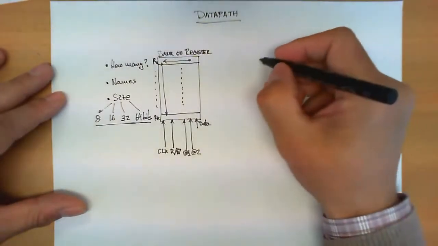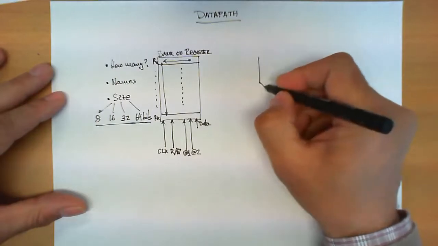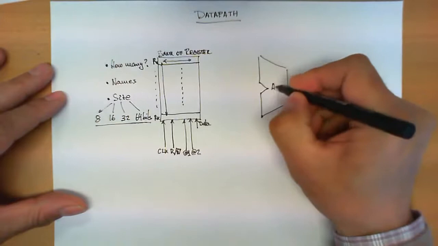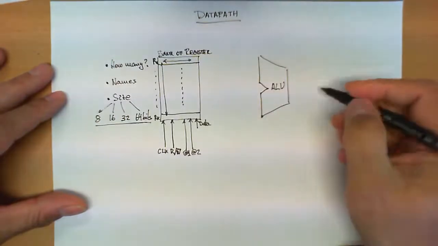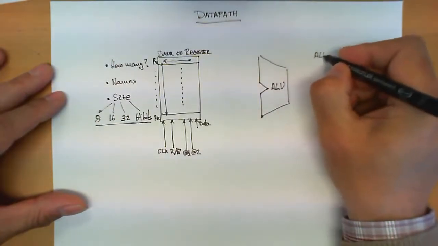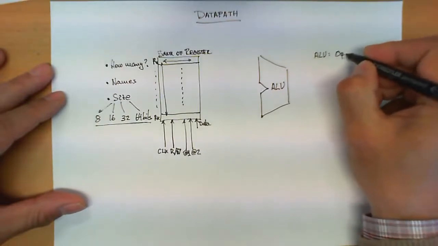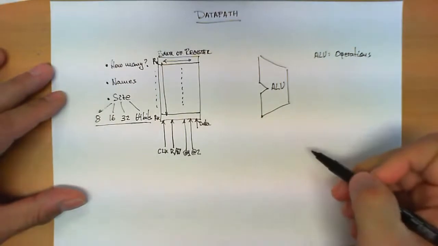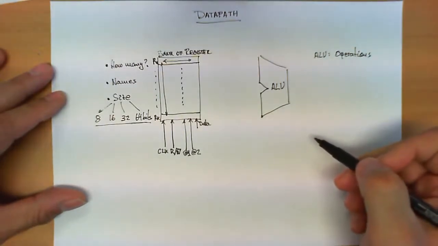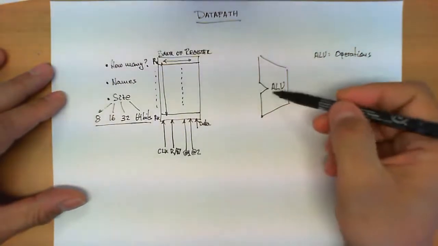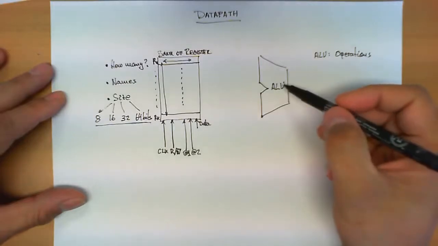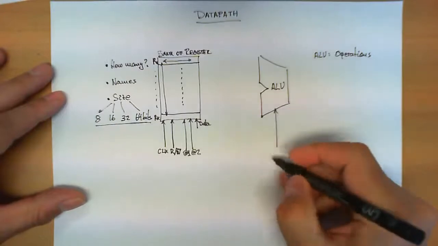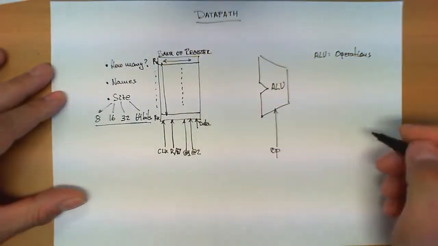The second element that is present in most of the data paths is what we call the ALU, or Arithmetic Logic Unit. ALU is basically in charge of executing several operations. So another way of looking at this element of the data path is as a very versatile piece of circuit which can perform several operations depending on a control signal, which we are going to call op.